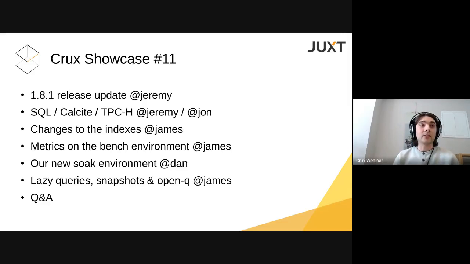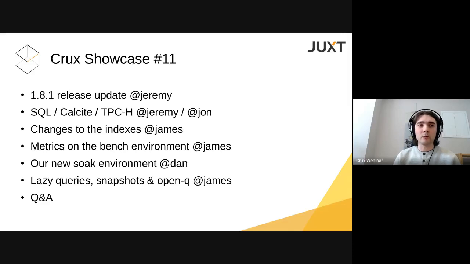So 1.81, we released a small release earlier this week to mainly address an issue with the Kafka client and a connection problem we were having with Confluent Cloud specifically, although it may apply to other Kafka installations, to do with polling.